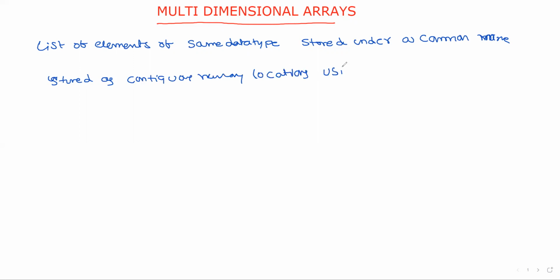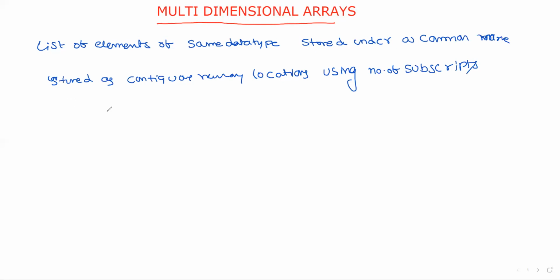Here the important thing is using subscripts. If it is a one-dimensional array, the elements are stored by using only one subscript. If it is a two-dimensional array, the elements are stored by using two subscripts. If it is multi-dimensional, depending upon the number of dimensions, that many subscripts. If it is a five-dimensional array, it uses five subscripts.